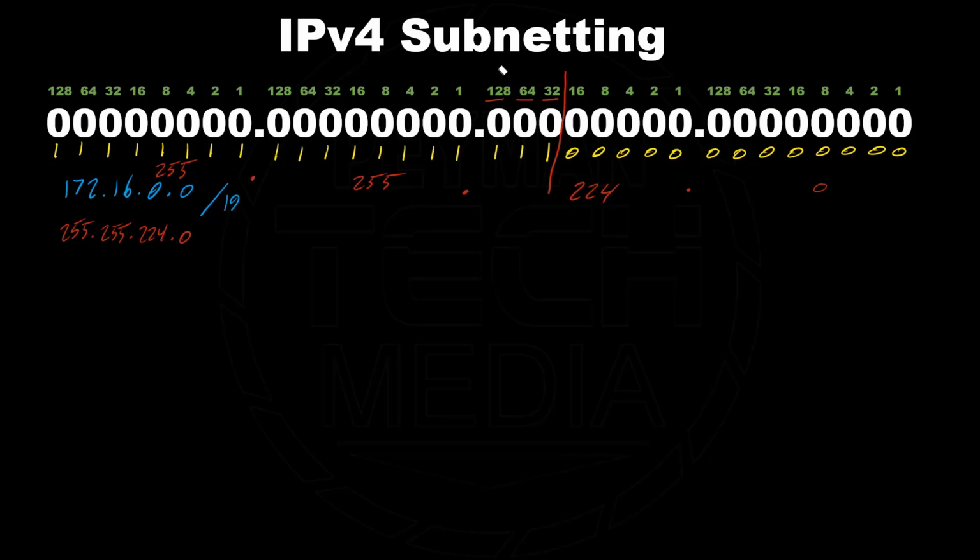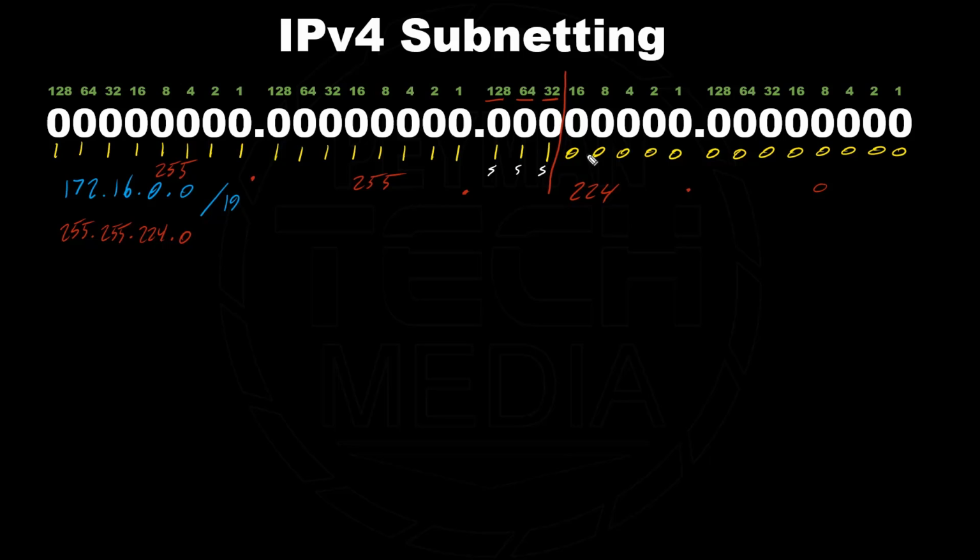When we talk about subnetting, you can see that the cut line moved to the right, and we borrowed 1, 2, 3 bits from the host bits. These 3 bits that we borrowed from the host bits are known as subnet bits. So here we have 1, 2, and 3 subnet bits.